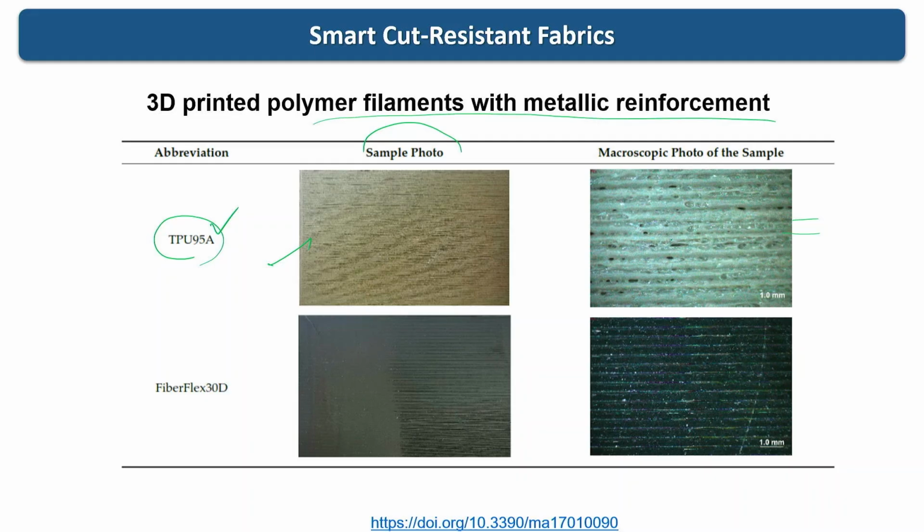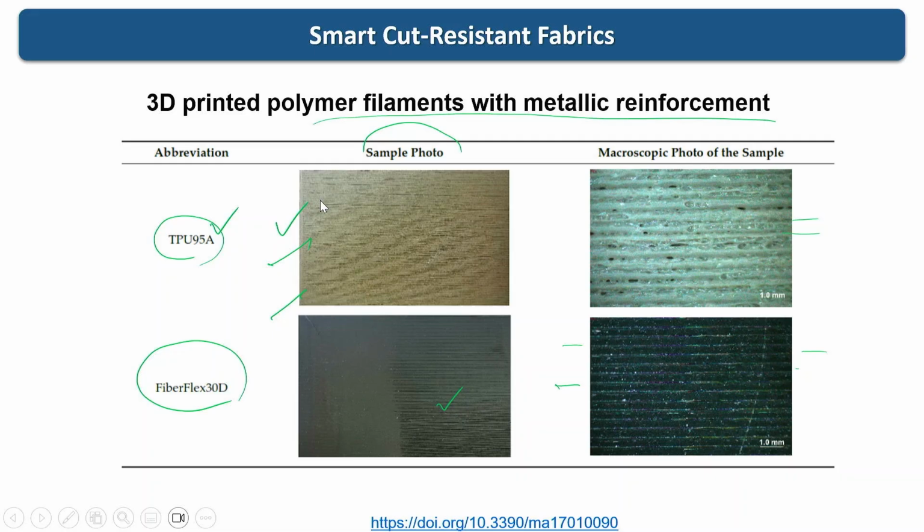Metallic reinforcement, it is very easily we can see. Fiber flex 30D, this is the fabric picture, and here we can also see the metallic reinforcement. So, 3D printed polymeric film is there, where the metallic reinforcement is there. This can directly be used for some cut protective application.